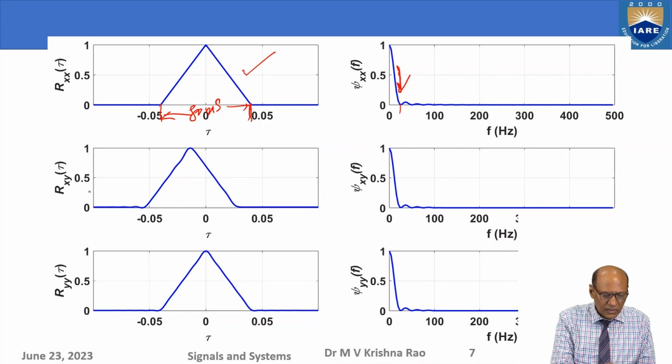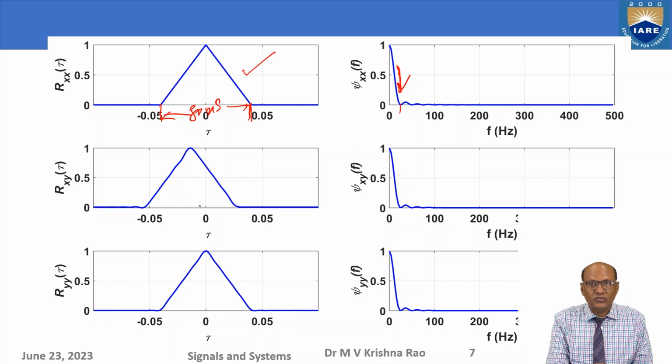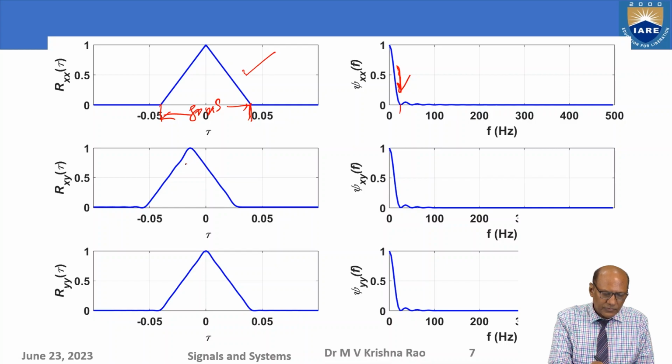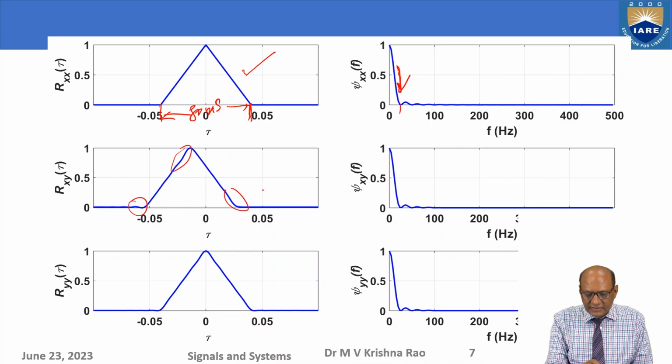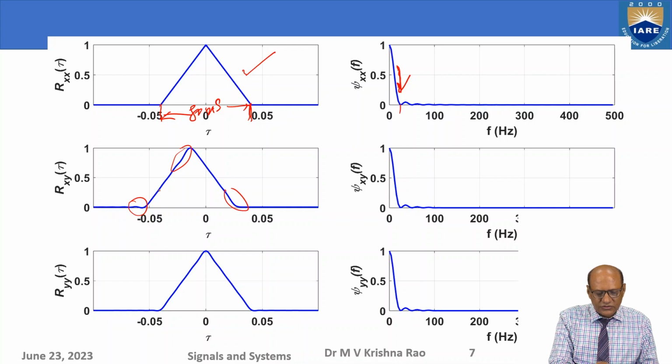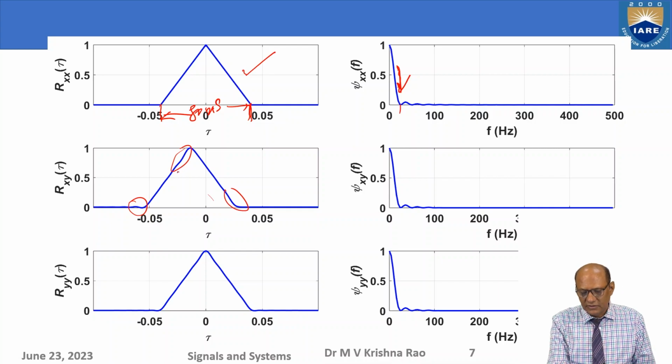So here I have Rxy. This is the cross correlation function of input and output. This is reflected in these oscillations, as I explained earlier. Here you cannot identify clearly, but there is a slight contribution, because a little bit of higher frequencies are riding on this, but the power is very low, so naturally it must reflect into this, but you are not able to see that.